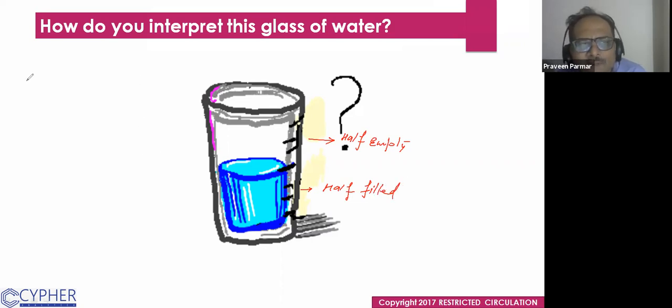But the correct interpretation would be this glass is full, half with water and half with air.